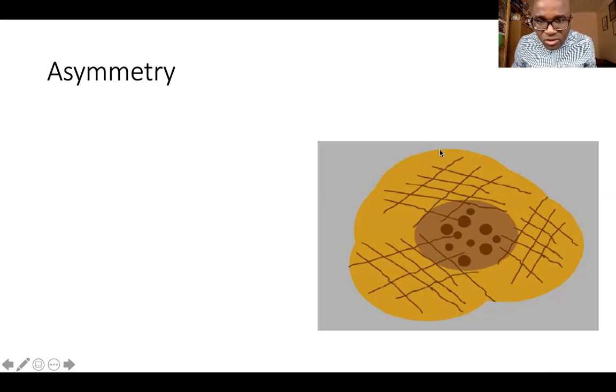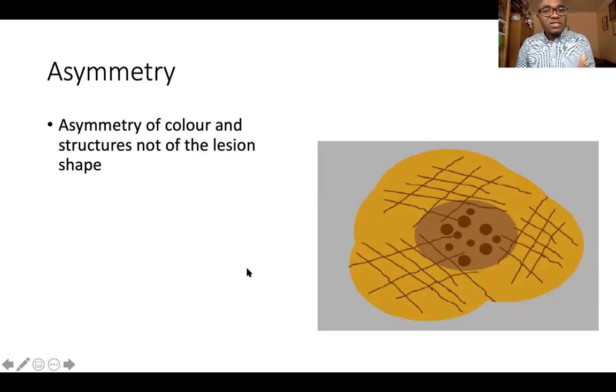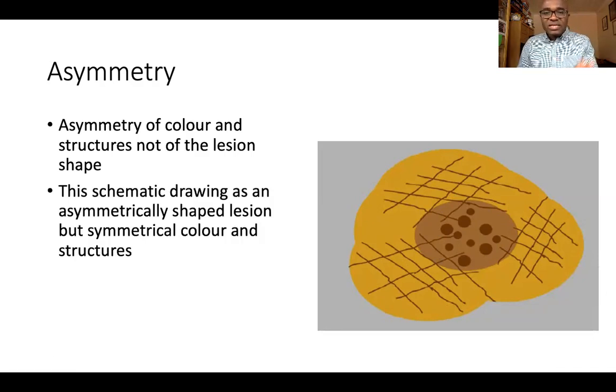So even though the shape of this lesion is not symmetrical in all axes, the longitudinal and perpendicular axes are symmetrical with structures, network, and pigment. Okay, so asymmetry of color and structure is not the lesion shape, and that's what the schematic diagram shows you. This will score you 0 because this is a symmetrical lesion. Okay, there's no asymmetry in this lesion. Therefore, the score for asymmetry is 0.